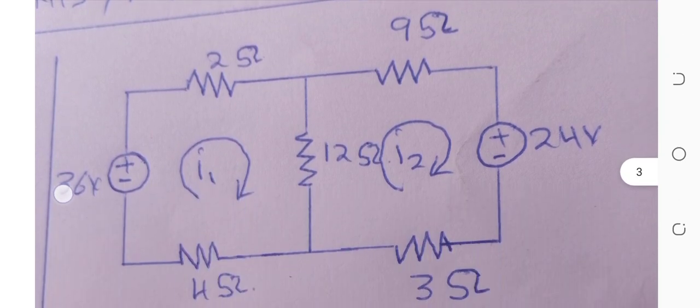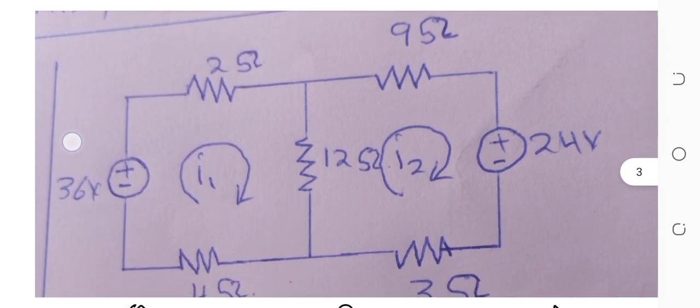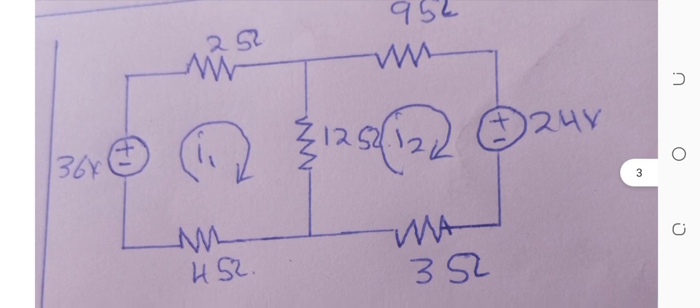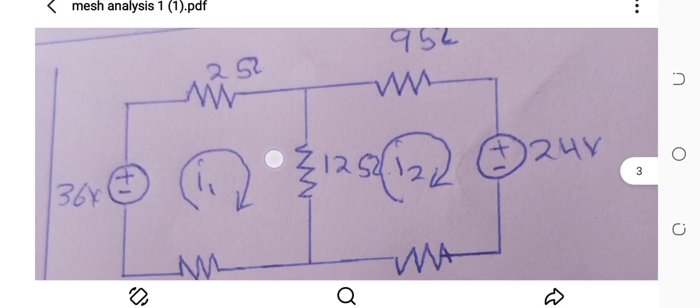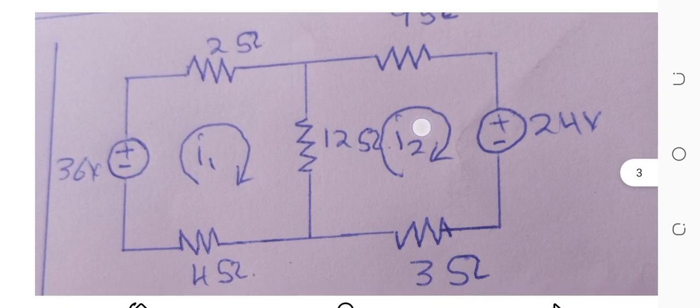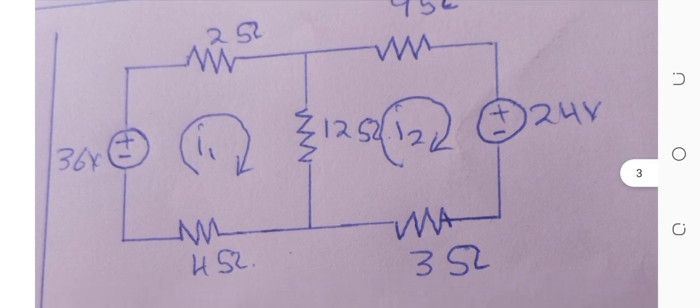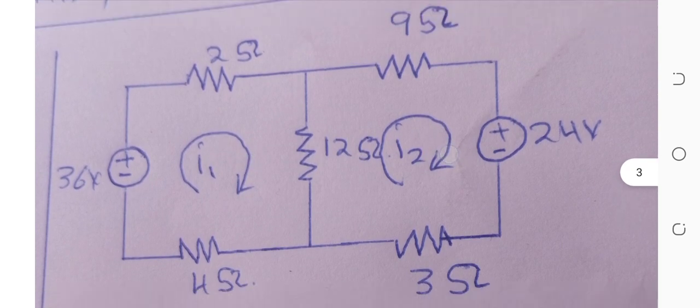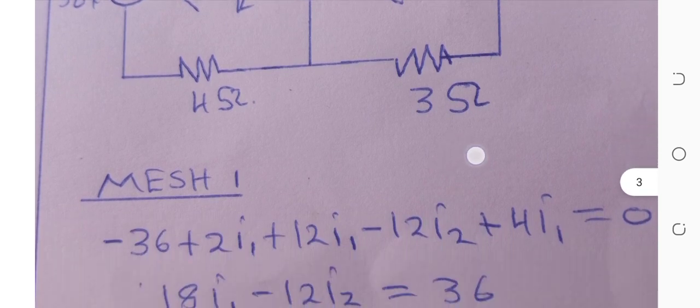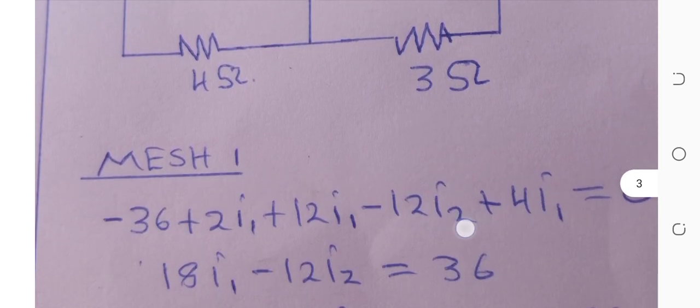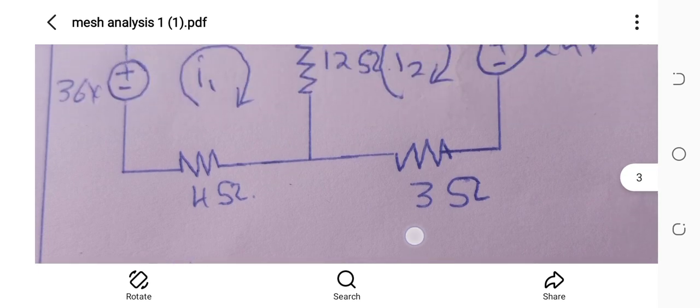The second example, we have this circuit over here. So these are the first mesh and the second mesh, mesh 1 and mesh 2. For mesh 1, we have this equation, which is equated to 0.